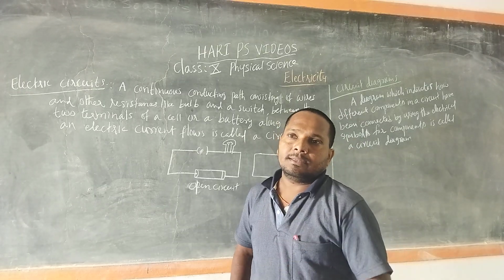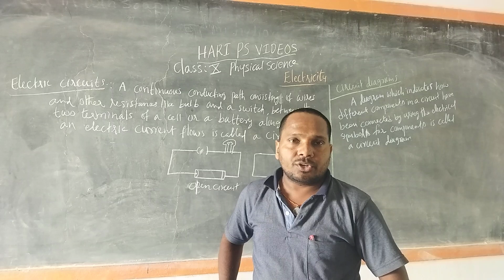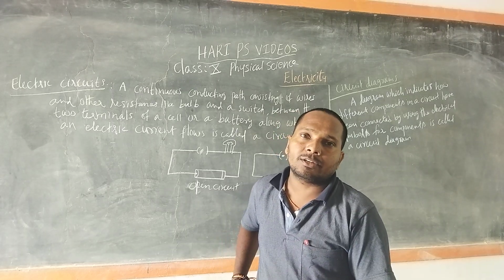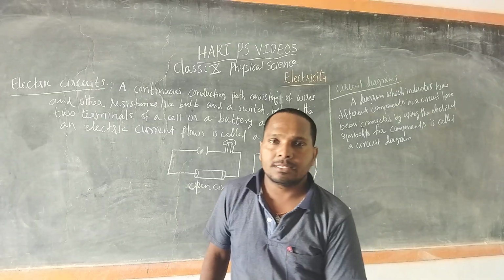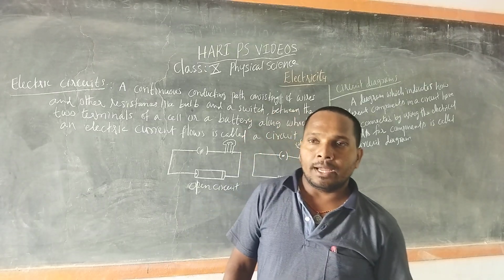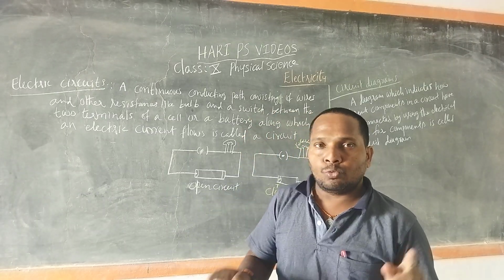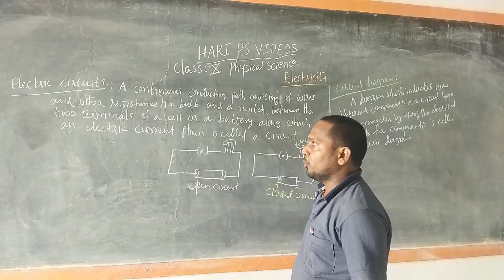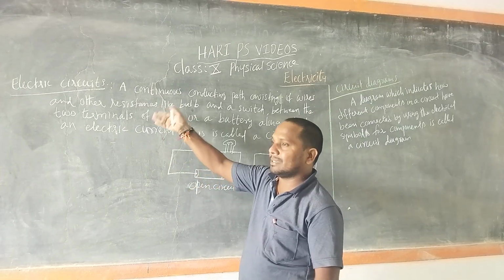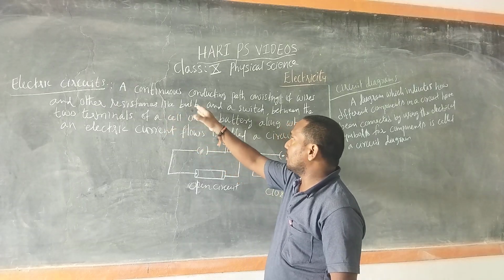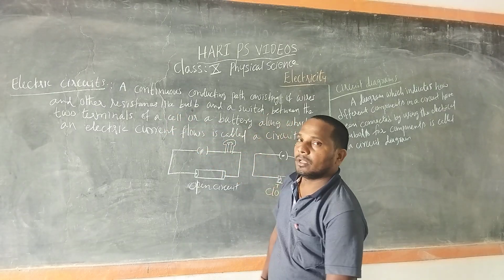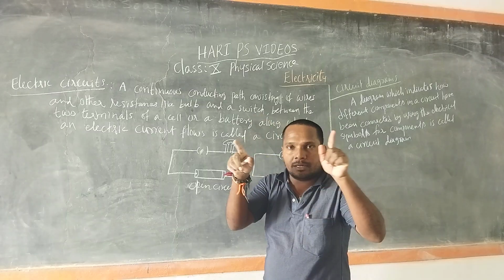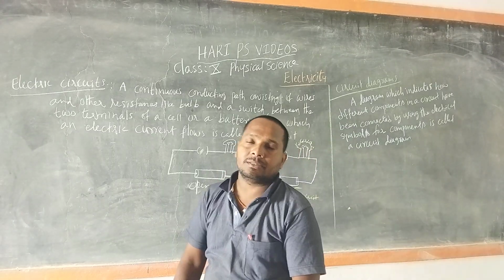As we discussed, a cell or a battery can move the electrons and electric current flows. To that, between the two terminals, we have to use some other components, other resistance like a bulb and a switch. This resistance of bulb and switch is connected with a metallic conductor.